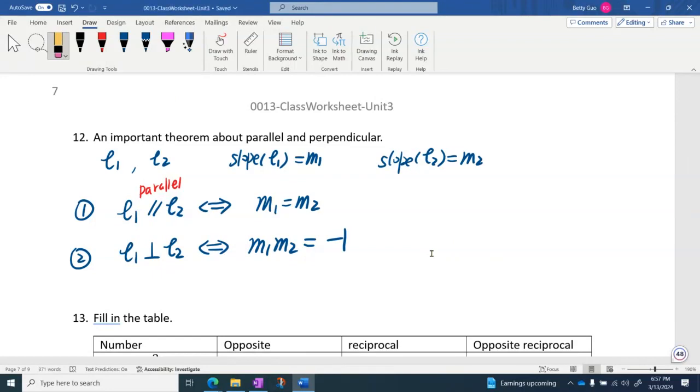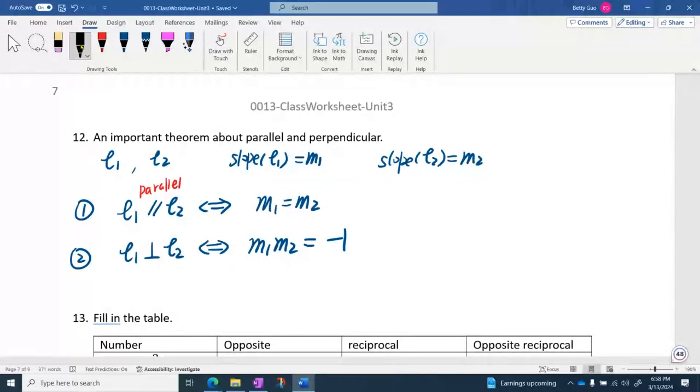So in algebra, how do we know if two straight lines are parallel without looking at the graphs? If we look at the graphs, the two straight lines never cross. But in algebra, two different lines are parallel if they have the same slopes, the same rise over run, the same steepness. This is the condition for two straight lines to be parallel.